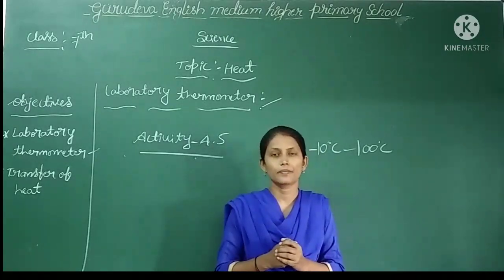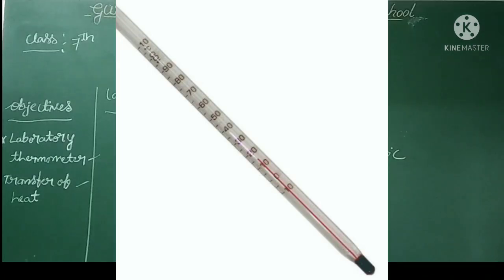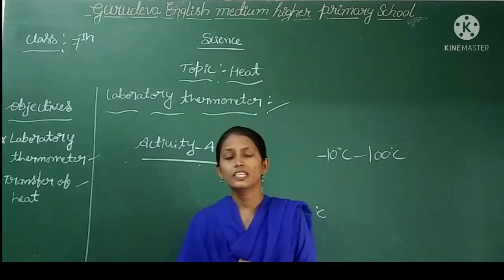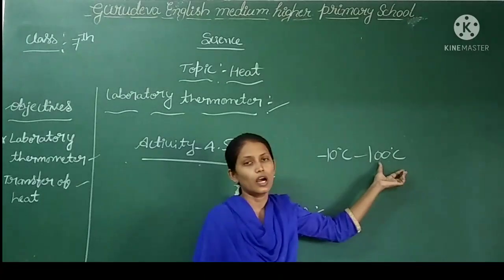Look at this picture. This is the laboratory thermometer which starts from minus 10 degrees Celsius up to 100 degrees Celsius. This is the range of the laboratory thermometer.